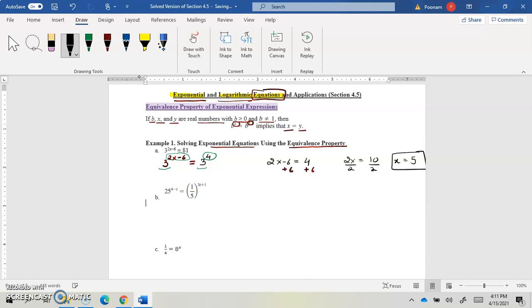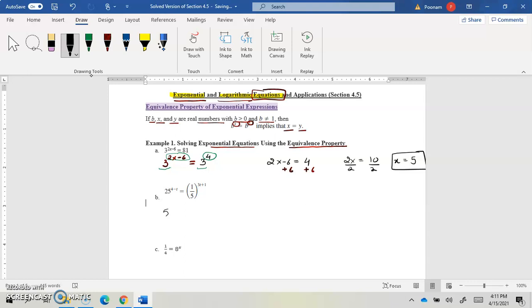Let's try part B. The left-hand side is 25 raised to the power 4 minus t. The right-hand side is 1 by 5 raised to power 3t plus 1. We want to think how we can make the base on both sides the same.